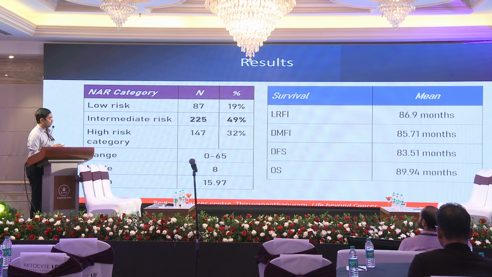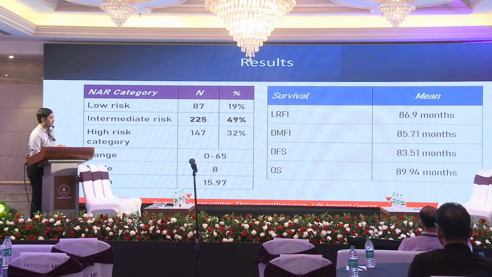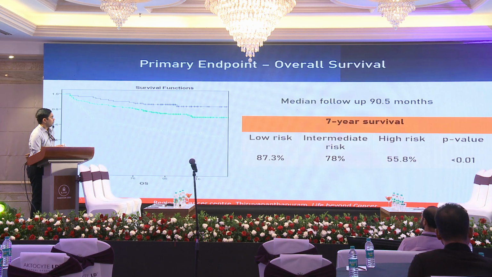Though the score ranges from 0 to 100, we had scores in the range of 0 to 65, and the mode was 8 and the mean was 15.97. Loco-regional free interval was 86.9 months, distant metastasis-free interval was 85.71, disease-free survival was 83.51 months, and overall survival was 89.94.